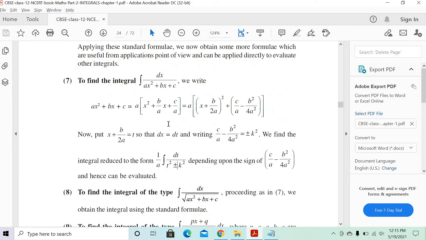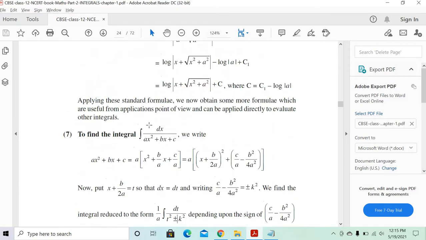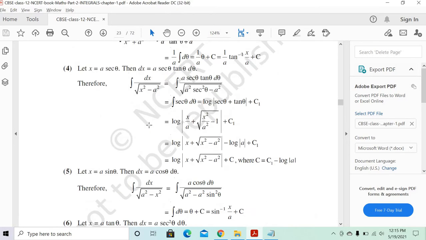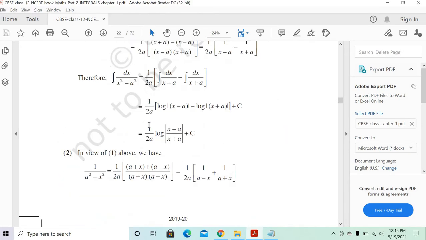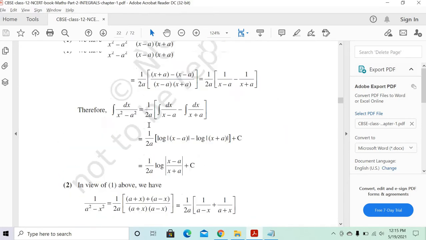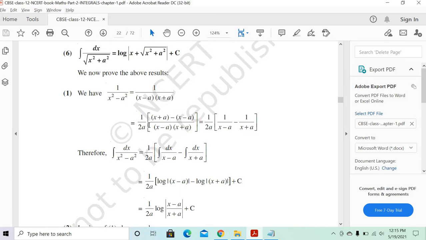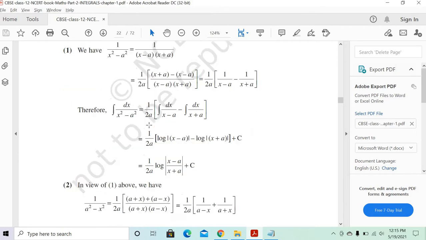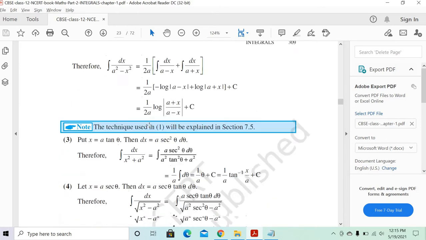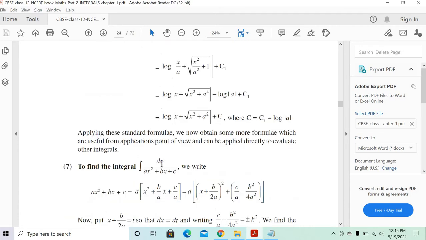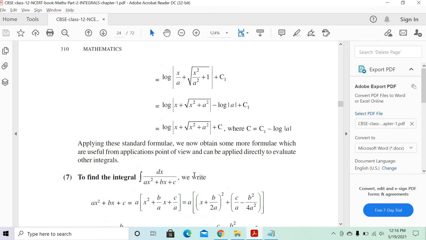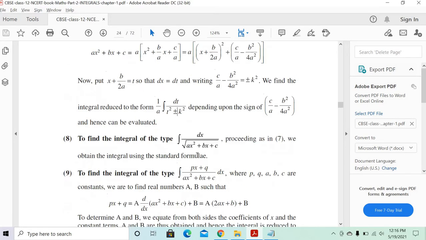Clear. See, property number 7 is based on property number 3 or property number 4, or property number 1. It will come in either of these forms, because basically you need to convert it. Whatever property number 7 we are talking about, it finally boils down to property number 1 or property number 3, just in terms of dt.